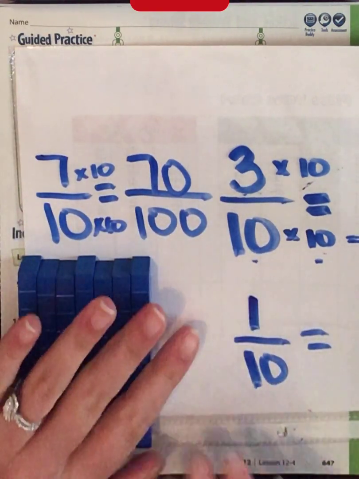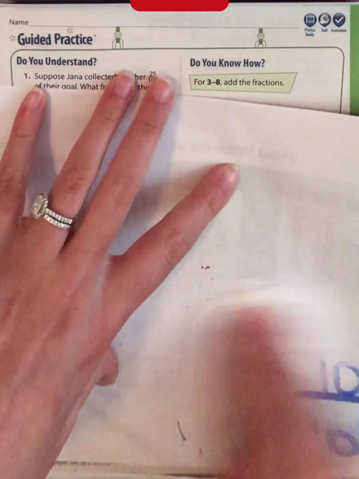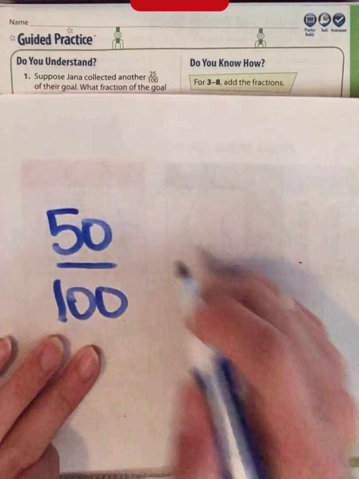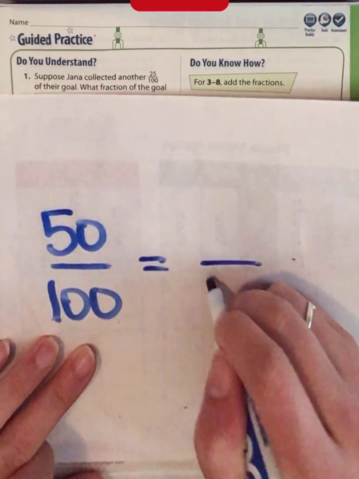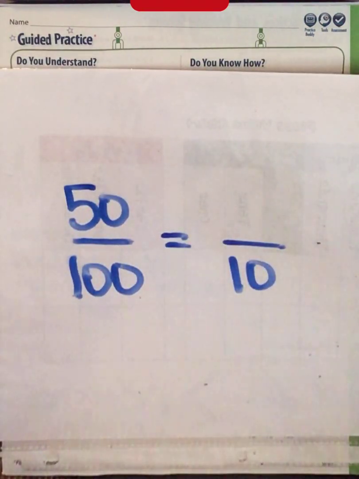Okay, same thing goes for going the other direction. You guys are going to become pros. You can say, all right, I've got 50 hundredths. How many tenths are in 50 hundredths?